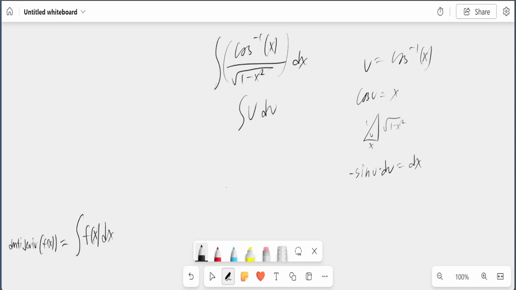Versus I know that the derivative of cosine inverse x is square root 1 minus x squared, or at least I think it is. I'm doing it right now. It's a negative. Yeah, that's okay, right? So it's kind of just looking ahead a little bit, and it's like, okay, what u do I pick so that I can get out the right thing.